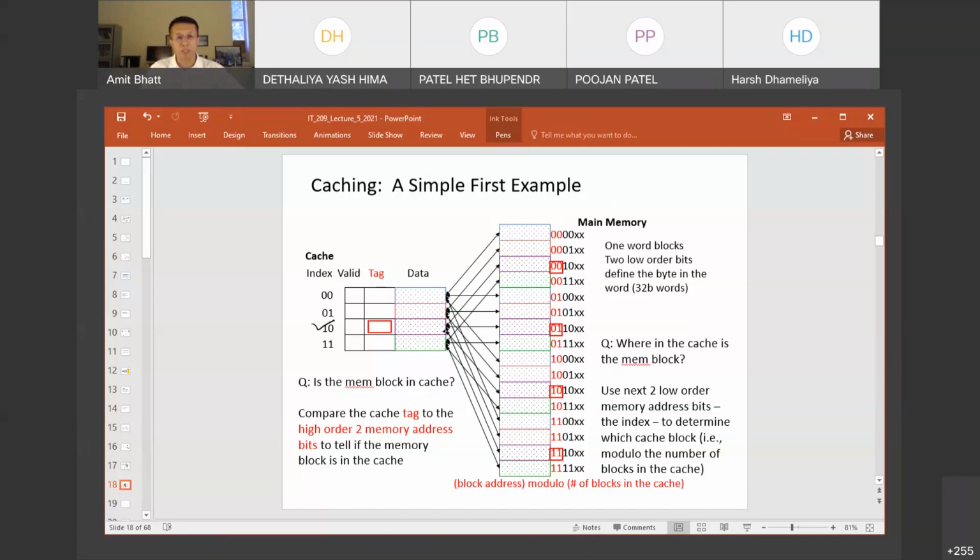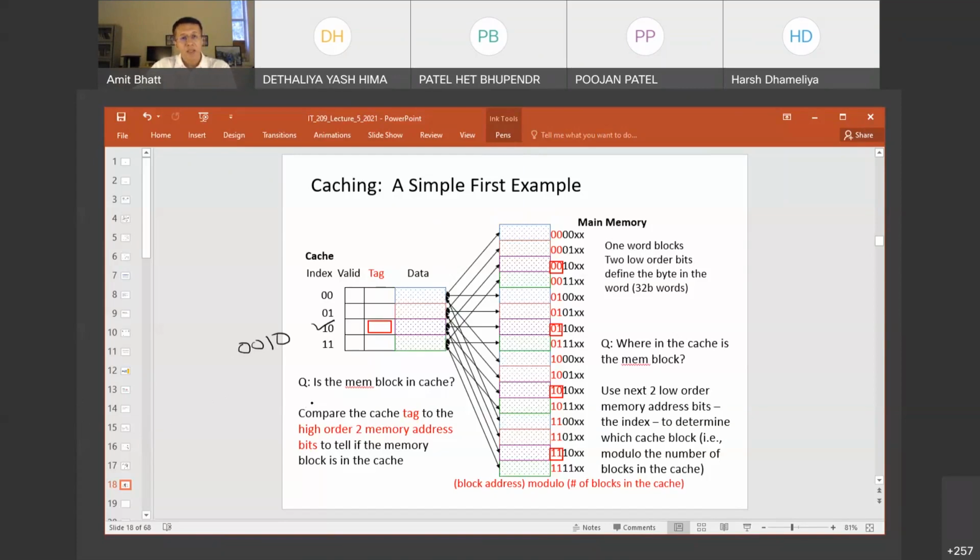So let me put it this way. Suppose your instruction is, say, a store type of instruction. So basically, you are supposed to store something in a particular memory location. Suppose it wants to store something in memory location number 0010.